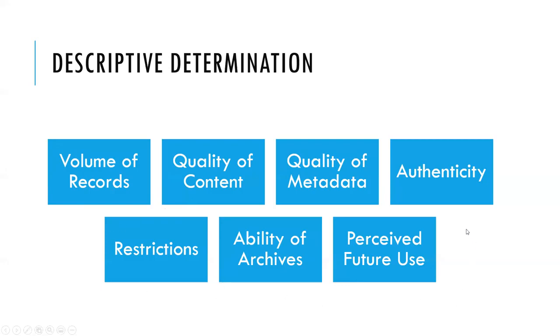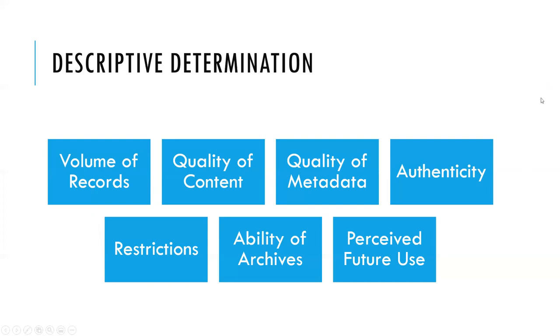It may not be that the authenticity of the records is going to influence how thoroughly records are described. But it's just really good to be aware of these different things that can serve as roadblocks for more in-depth description, and again, just doing whatever you can to make them less of an issue.